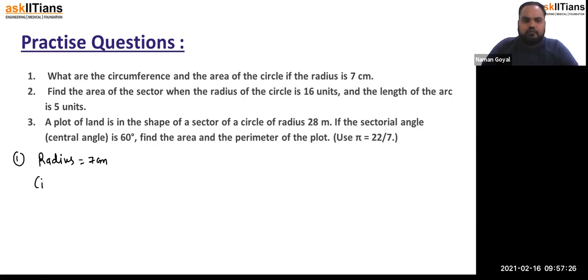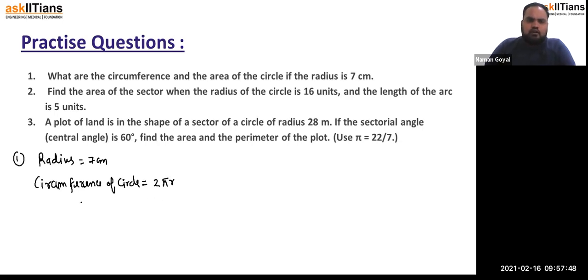We know that the formula for circumference of a circle is 2 pi r, right? So we have the value of that circumference, which is 2 pi r.